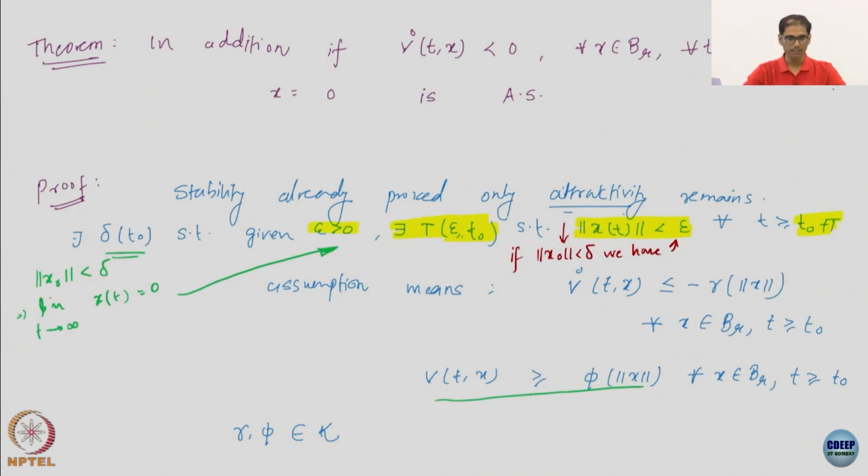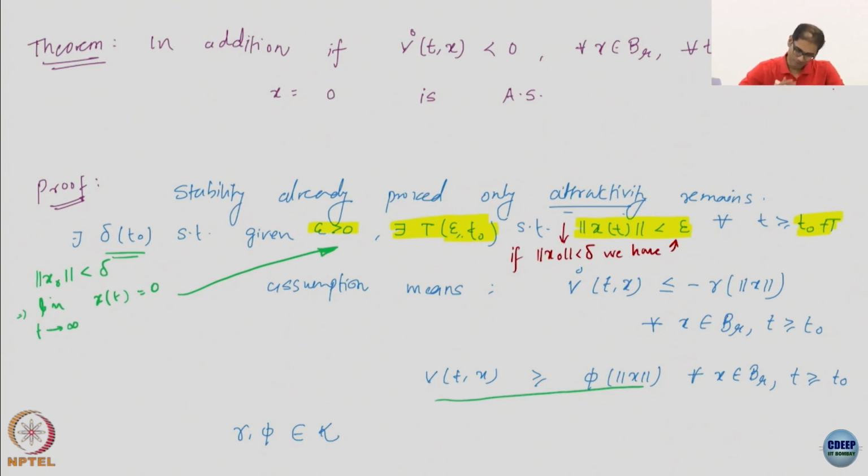Otherwise, if your initial conditions do not start in the delta ball, nothing is guaranteed. This delta is actually called in nonlinear systems the basin of attraction. A lot of you might have heard this term. It's typical to figure this out. Excellent.